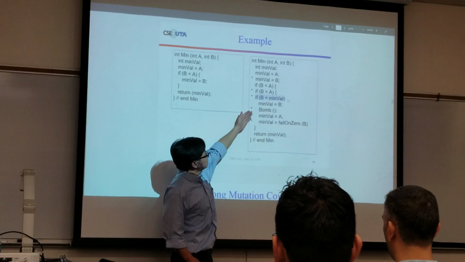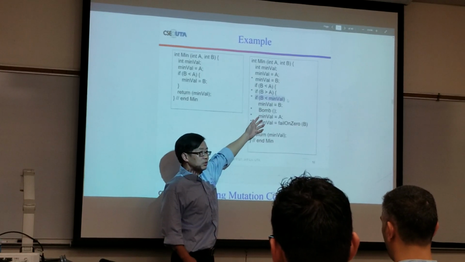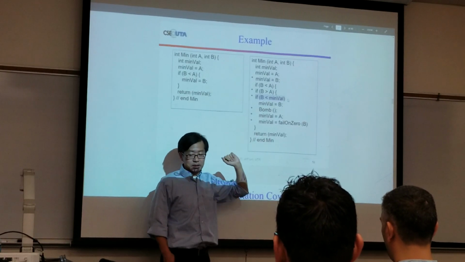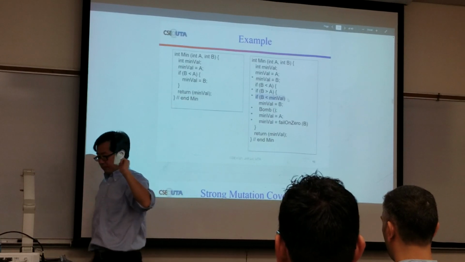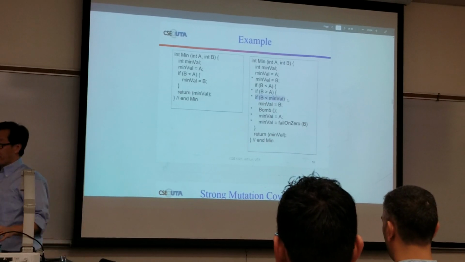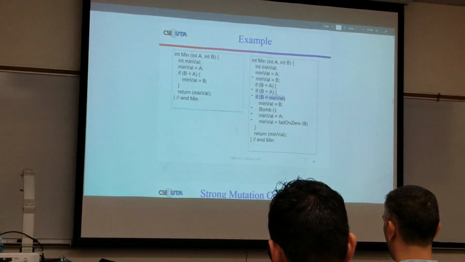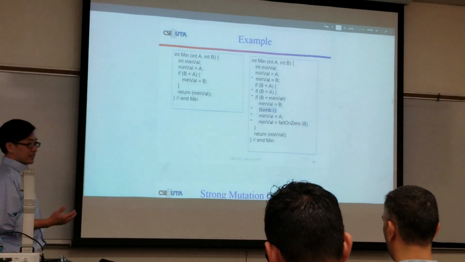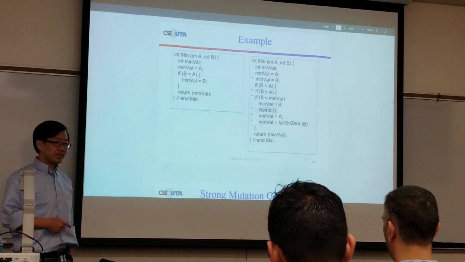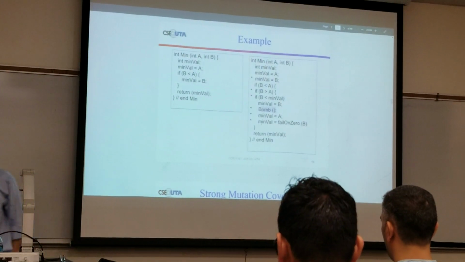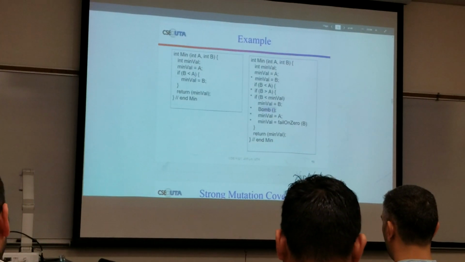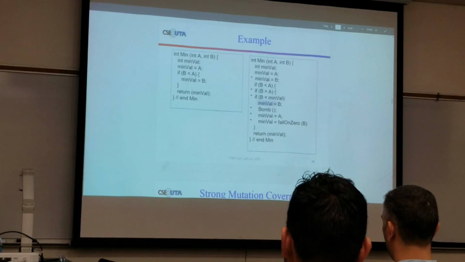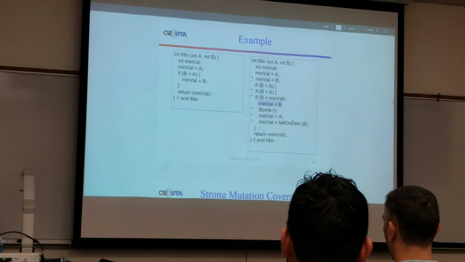So I want to mention two other particular mutation operators, special ones like bomb. So this one basically, as long as you get to that point when you execute, you create a mutant by replacing this statement in the original program with this statement.